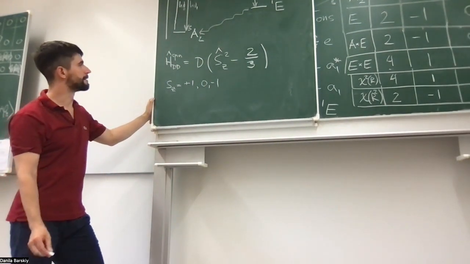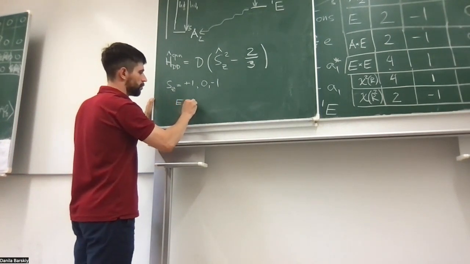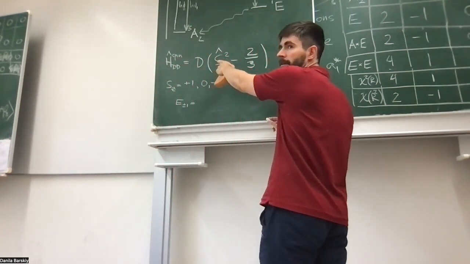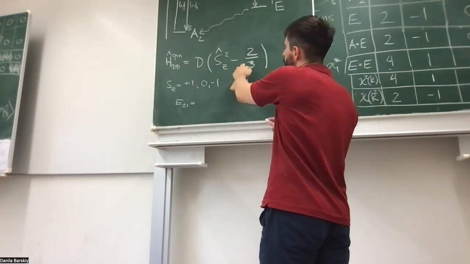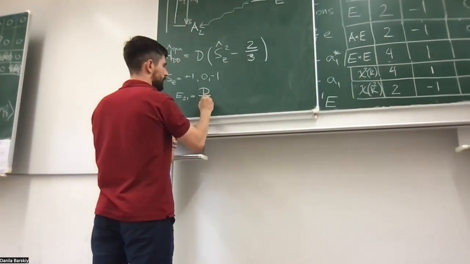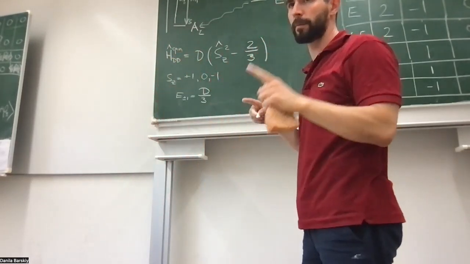And you can see that energy of plus and -1 will be equal because you take SZ squared, 1 squared is 1 minus 2/3 is D divided by 3. And D is this term which is responsible for dipole-dipole interaction.